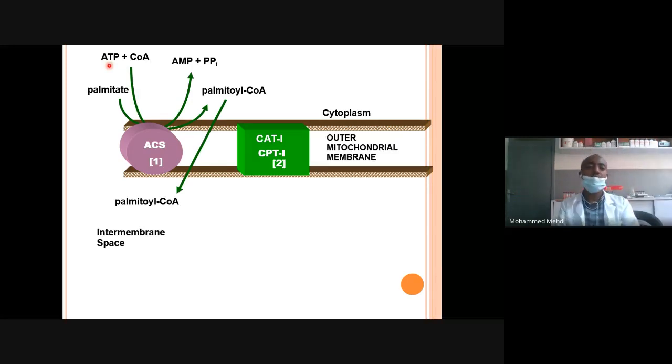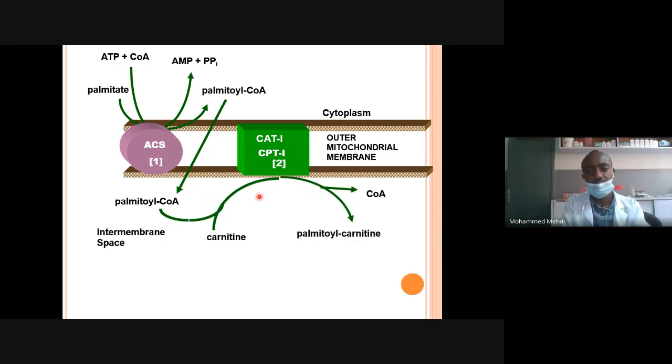Now this is activated. Once it is activated, coenzyme A is replaced by carnitine, which is catalyzed by carnitine acyl transferase 1. Carnitine is added to this fatty acid. Palmitoyl carnitine is formed, and coenzyme A will be taken off.